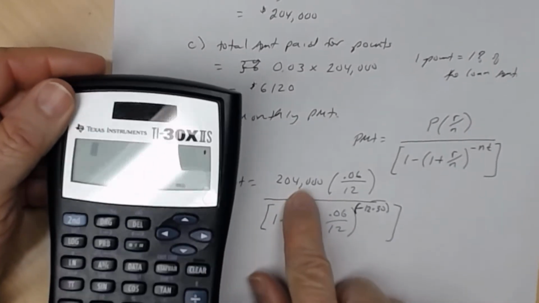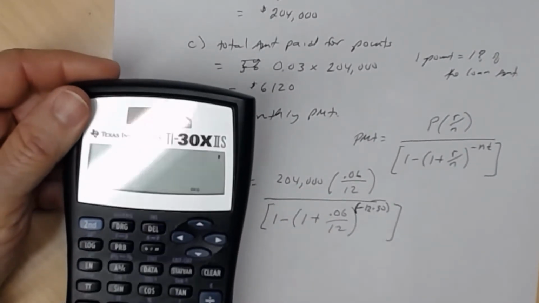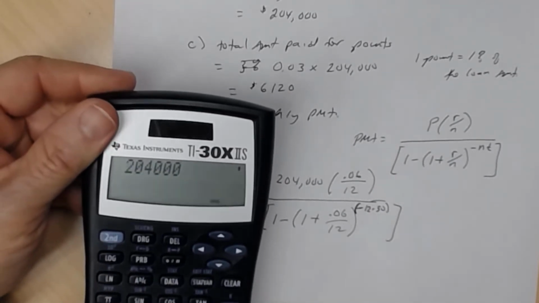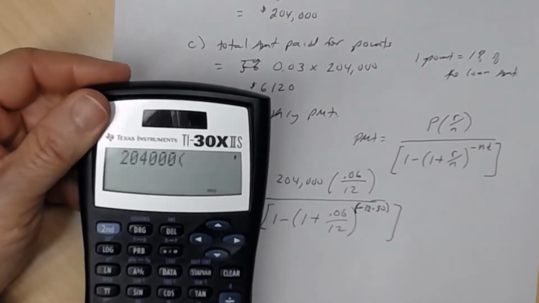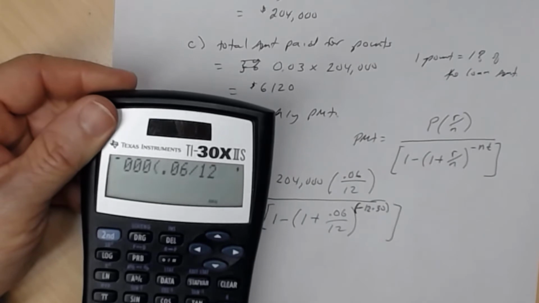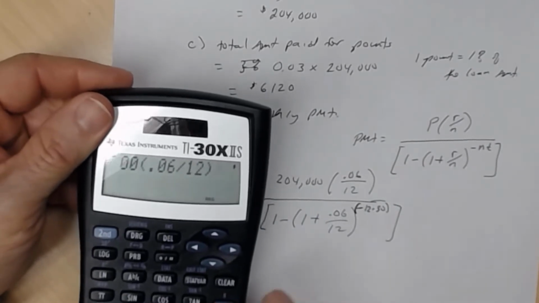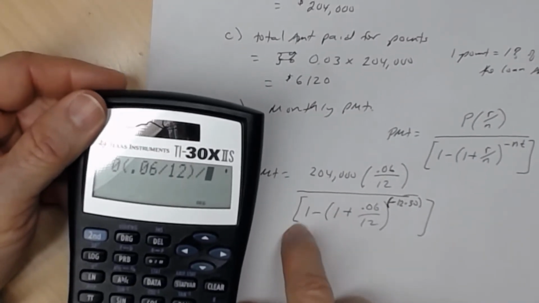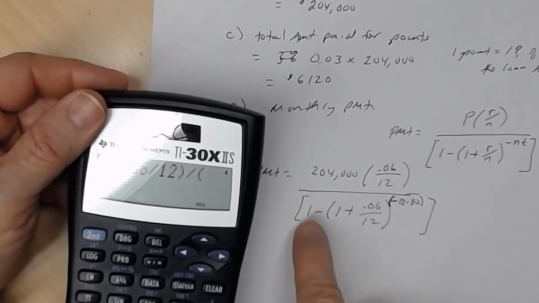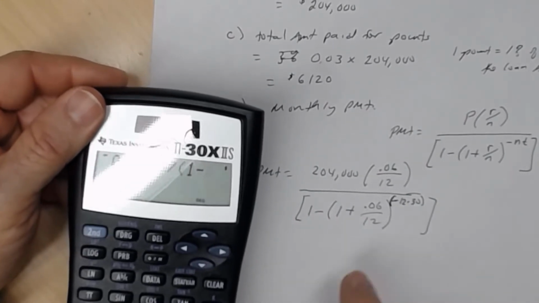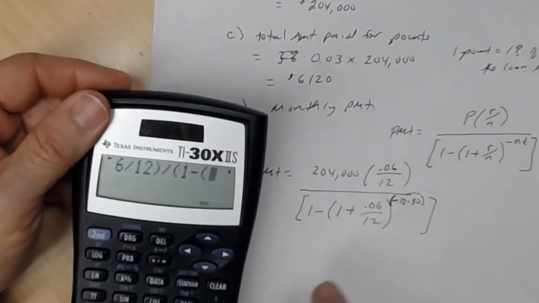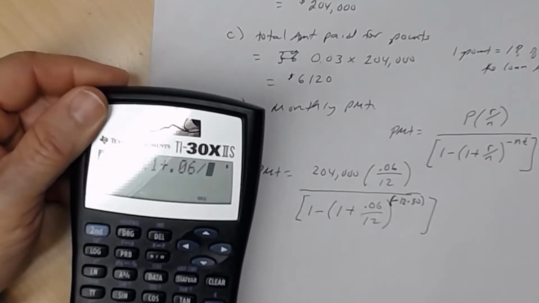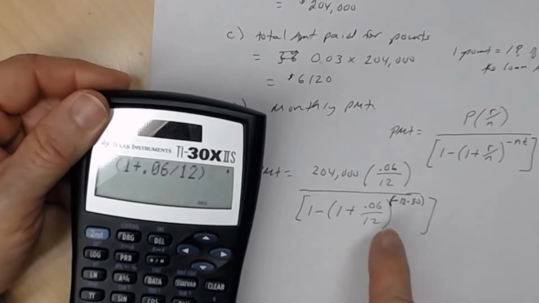On your calculator, you're going to type 204,000, parentheses, 0.06 divided by 12, close the parentheses, divide, and now put parentheses: 1 minus, open parentheses, 1 plus 0.06 divided by 12, close parentheses.